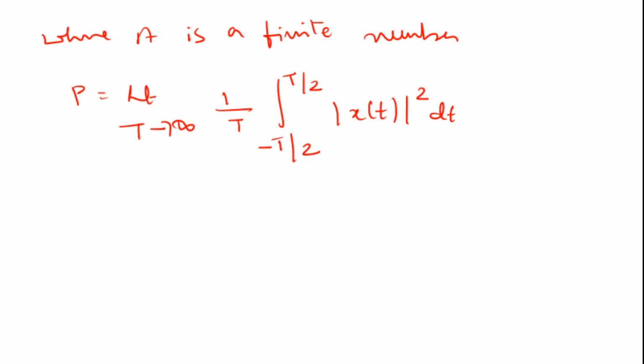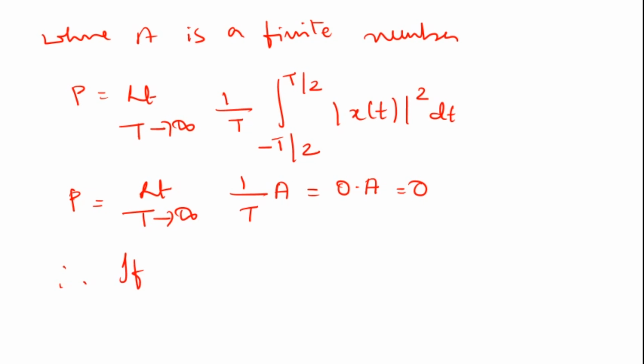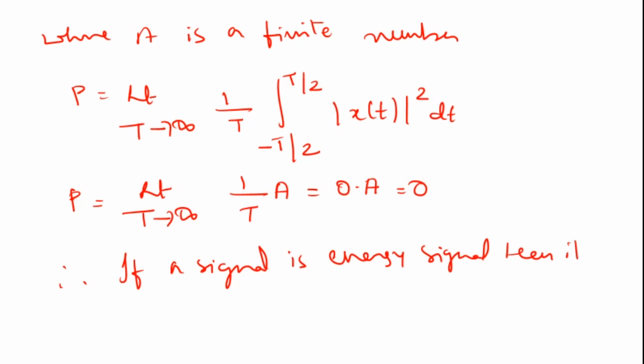Substituting in above equation, we get P is equal to limit T tends to infinity 1 by T into A, which is equal to 0 into A, which is equal to 0. Therefore, if a signal is an energy signal, then it cannot be a power signal.